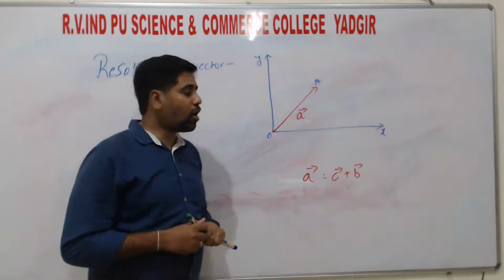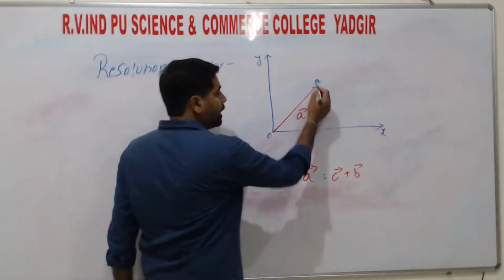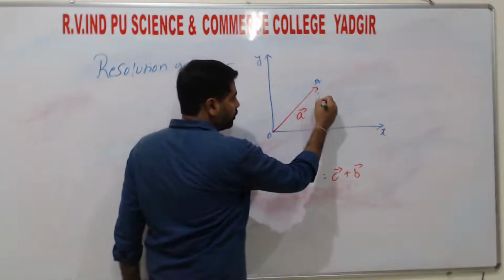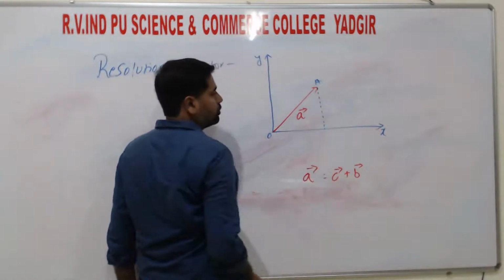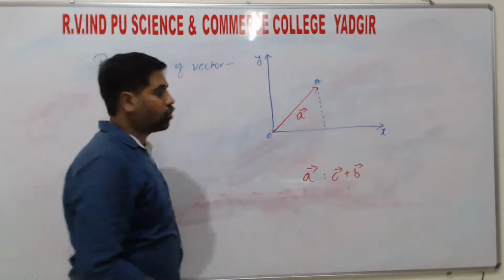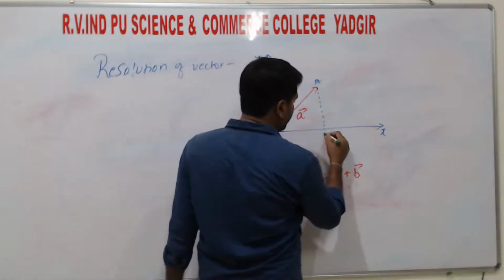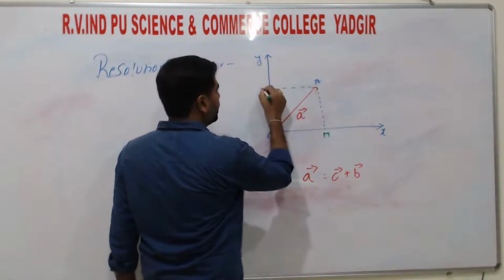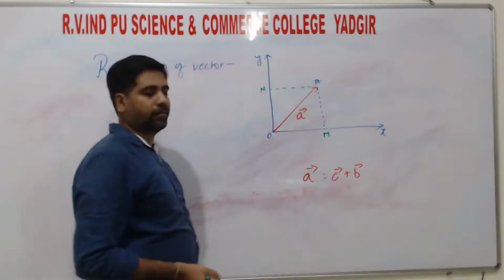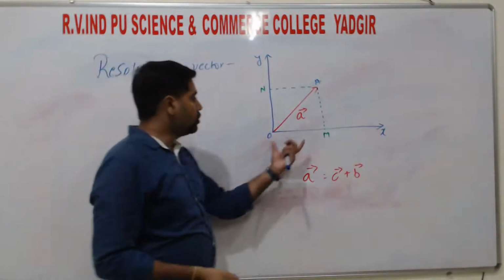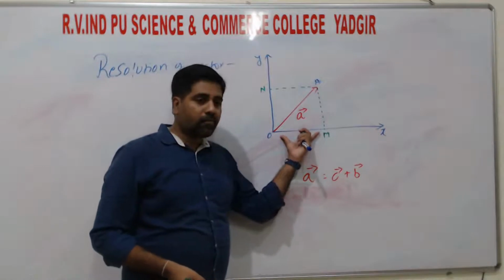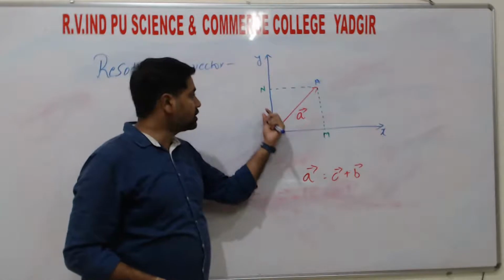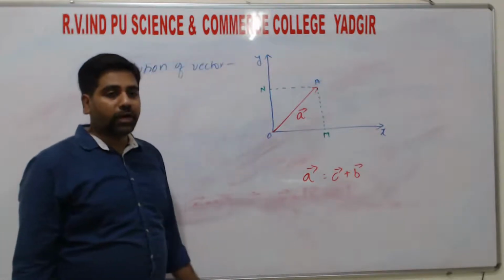Now drop the perpendiculars from A onto the x axis and the y axis. Drawing the perpendiculars, here it is AM and here it is AN. So now these components OM and ON we call rectangular components.